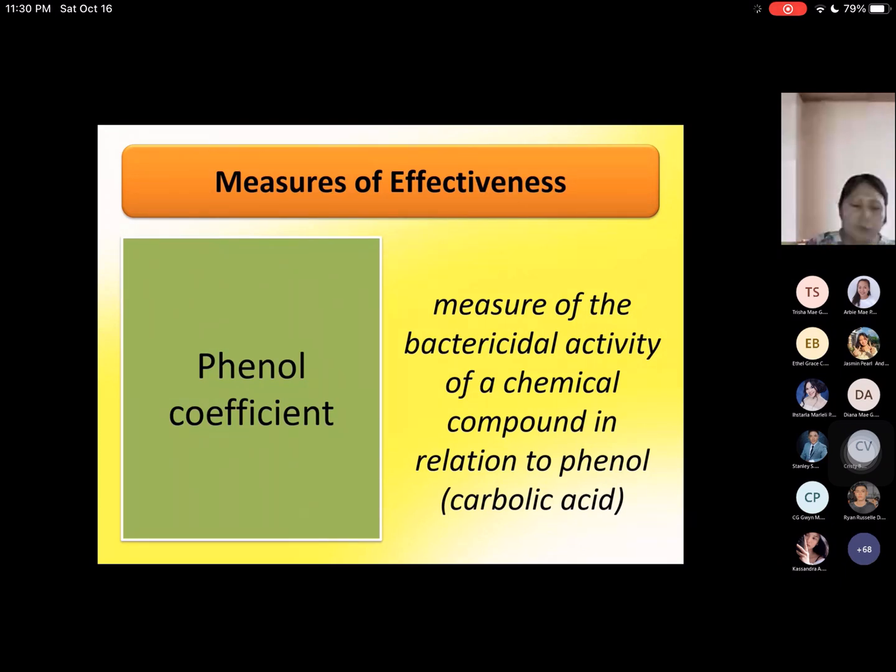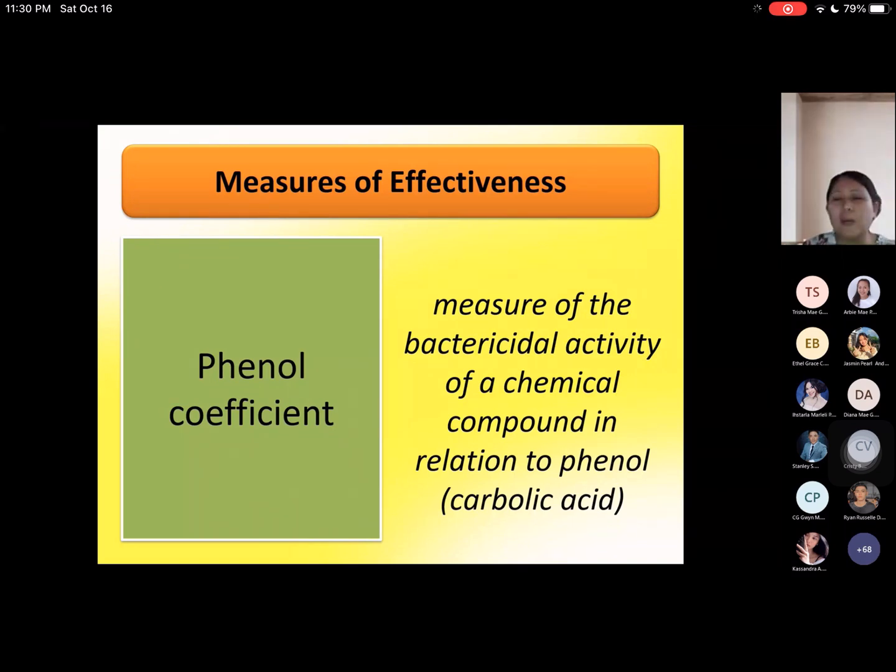When you say phenol coefficient, this is the measure of bactericidal activity of a chemical compound in relation to phenol. This is in comparison to phenol because before, the most common chemical agent used to destroy, to kill, or inhibit the growth of microbes was phenol.